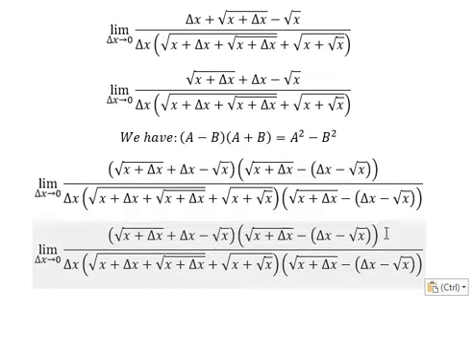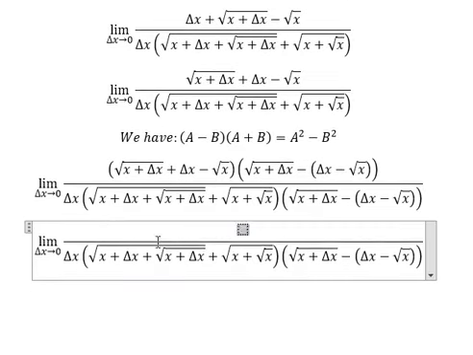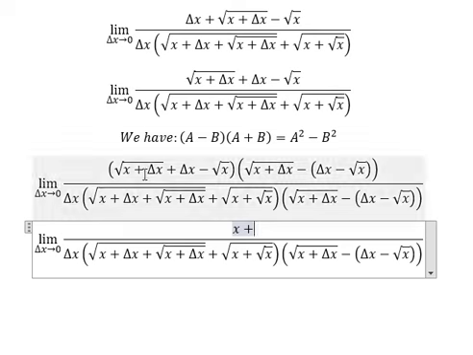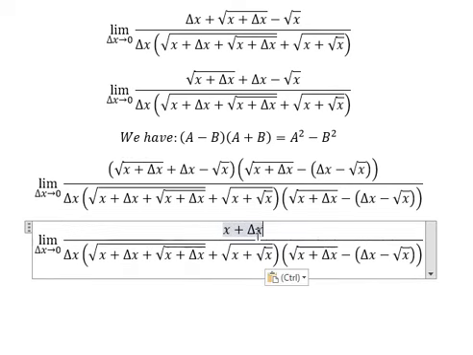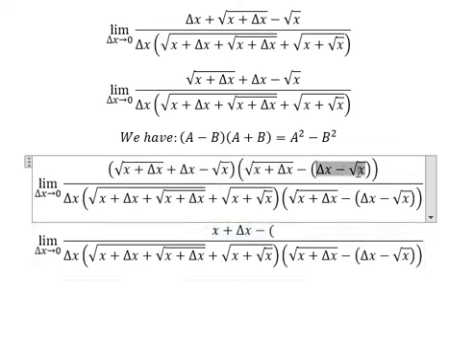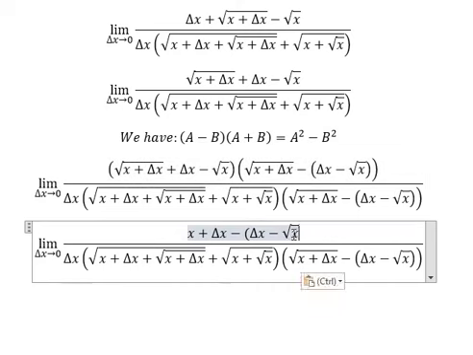So for this one, we have x plus delta x minus this one with the power 2 in here.